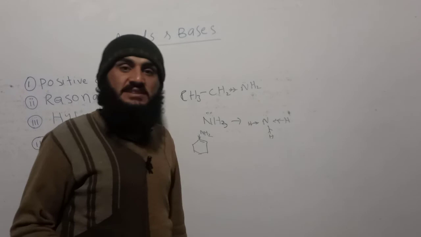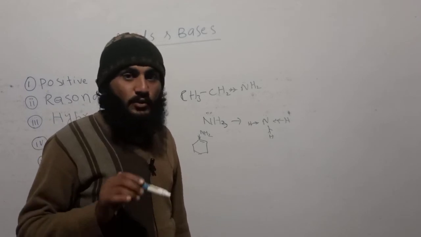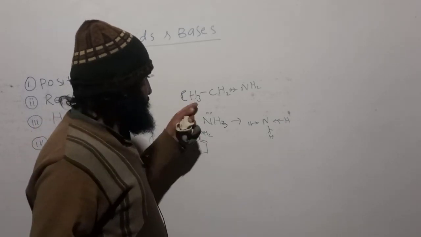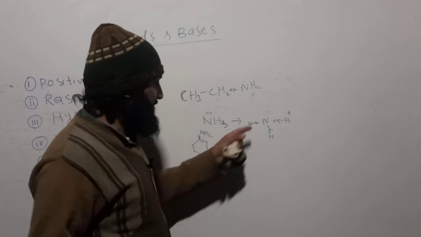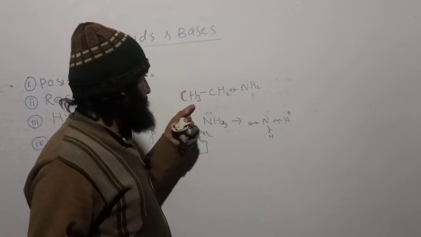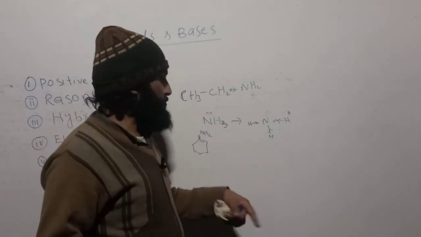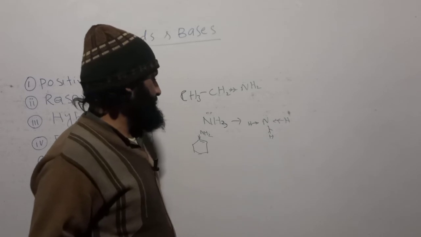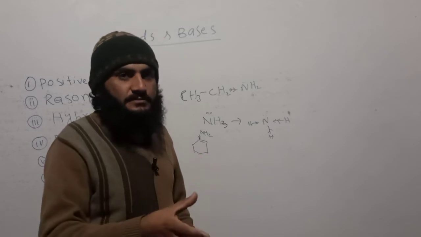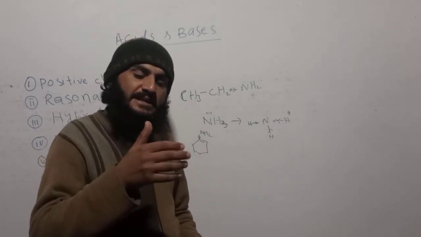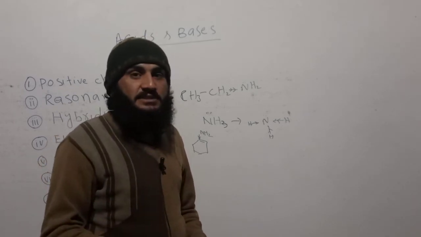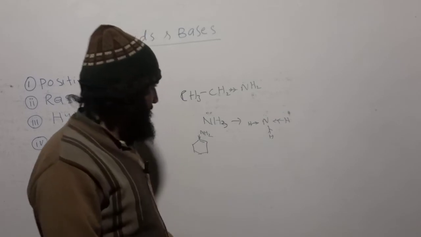So the basicity of this chain will occur due to nitrogen, because nitrogen has a lone pair of electrons, clear. You can see here the inductive effect of the ethyl group is greater than these three hydrogen atoms. The inductive effect of these two carbons is more than these hydrogen atoms. So if a chain inducts its electrons to the nitrogen atom, the electron density increases, charge density increases, reactivity increases, it means basicity increases, clear.